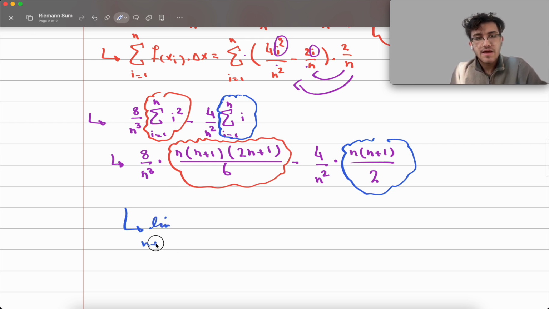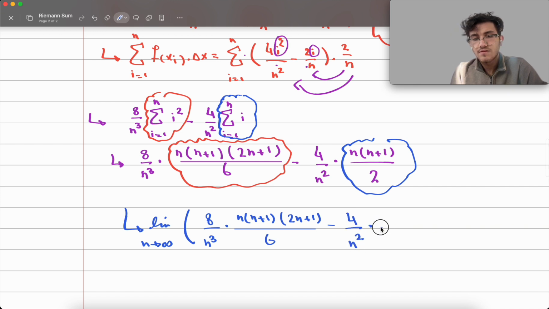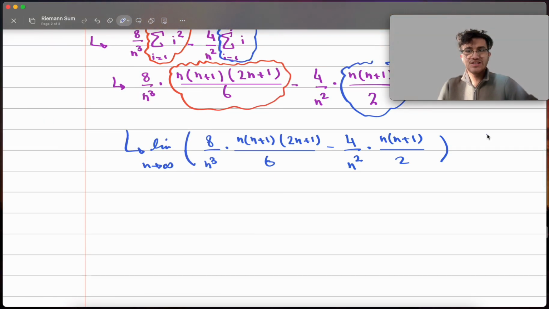Limit as n goes to infinity of 8 over n cubed times n times n plus 1 times 2n plus 1 over 6, minus 4 over n squared times n plus 1 over 2. The thing that I can do right here is just check whether the degree of both numerator and denominator are the same or not, because if they are the same, the answer to the limit is going to be the ratio. So let's try to see.